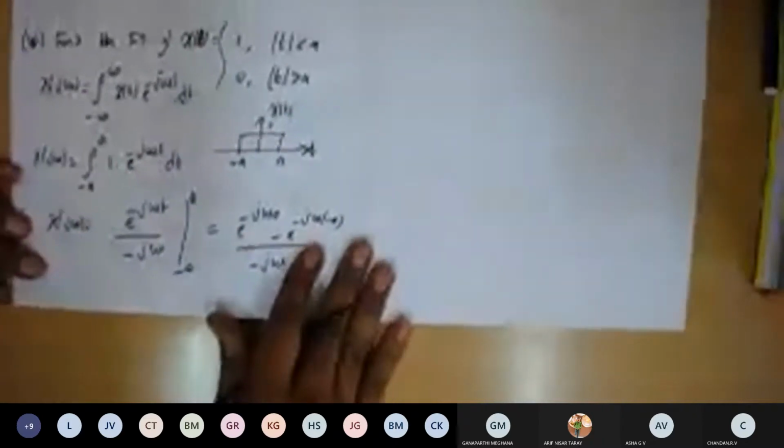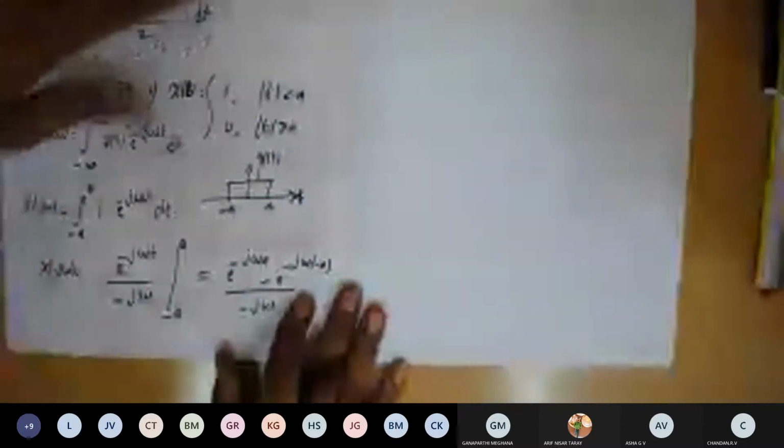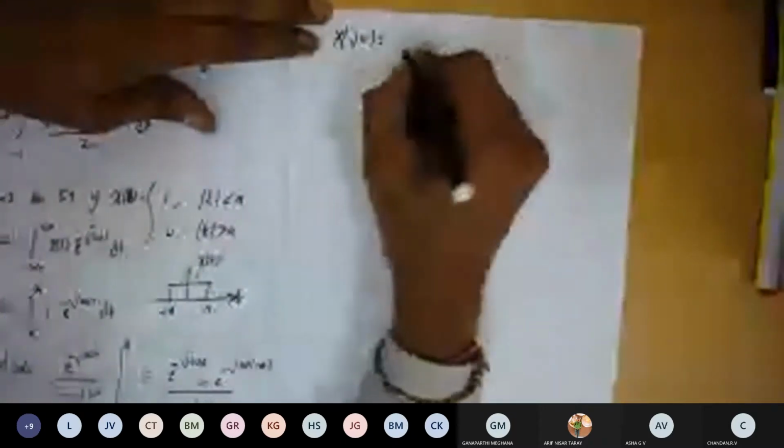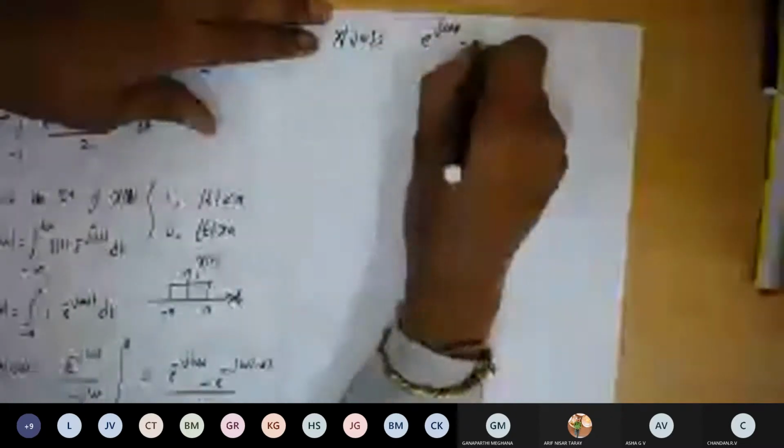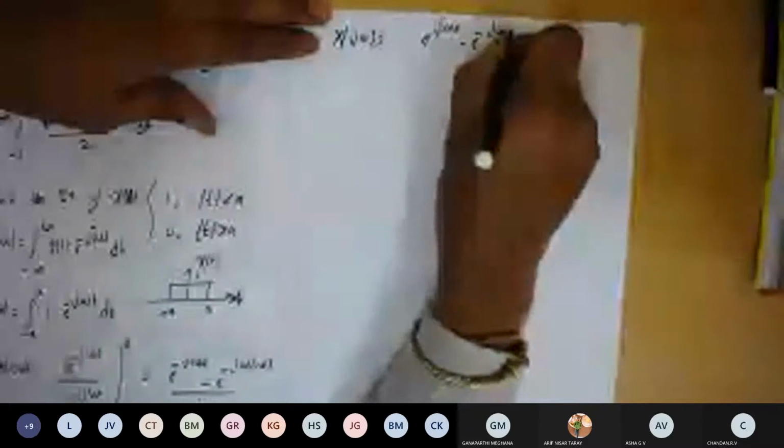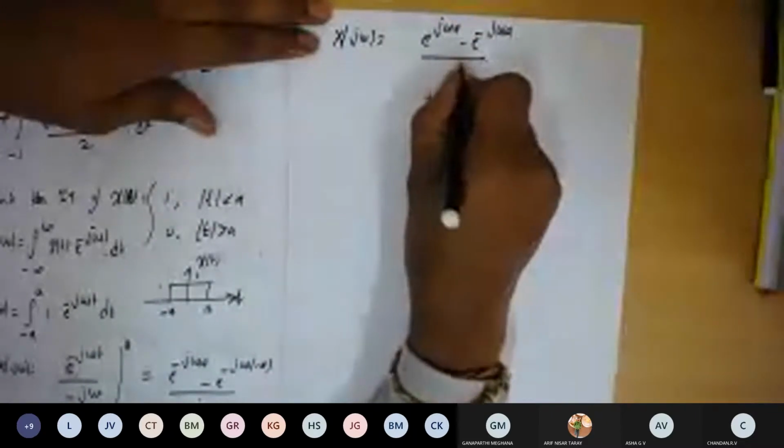So if we substitute here, X of j omega is equal to e to the power of j omega a minus e to the power of minus j omega a, divided by j into omega.